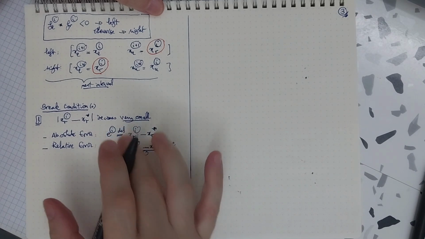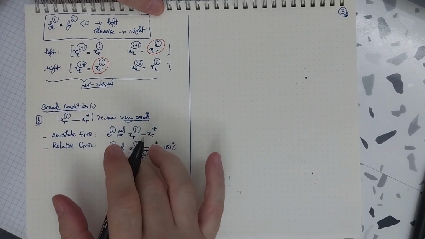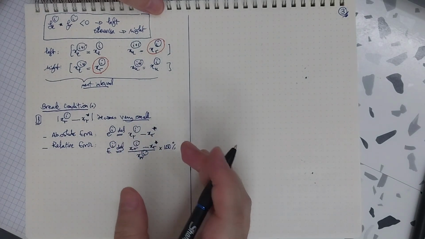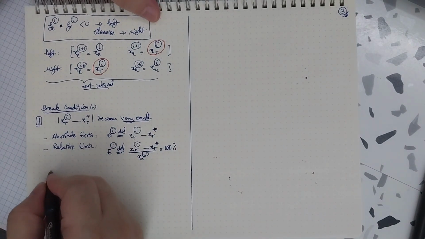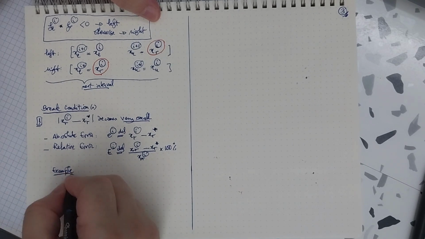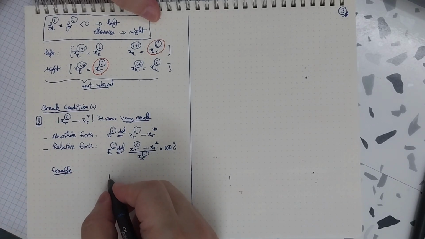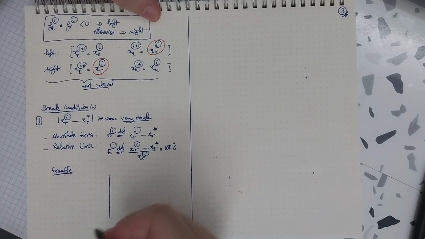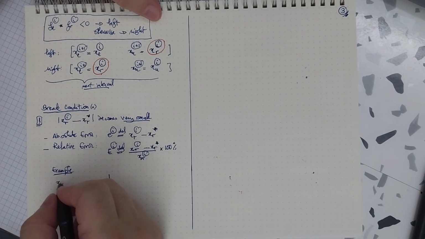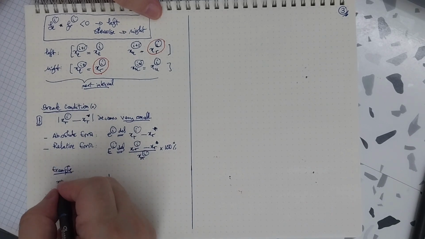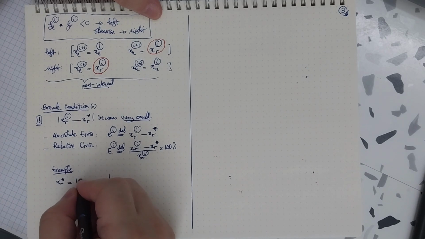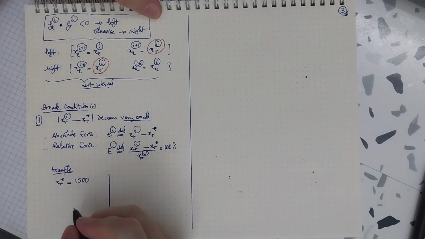Let's see the difference between these two types of error through an example. Suppose we know the exact solution of a particular equation, and we find that solution is 1500, for example.